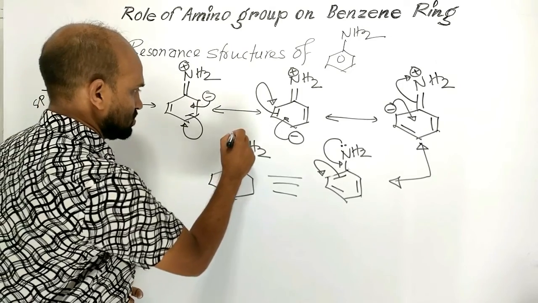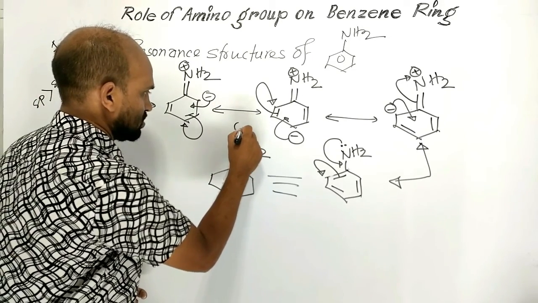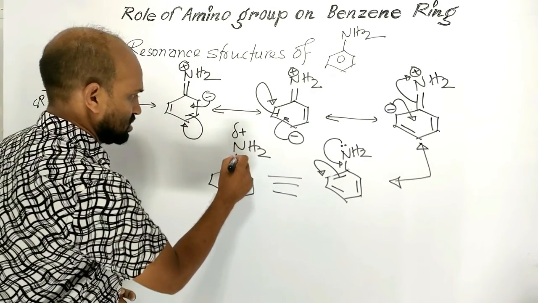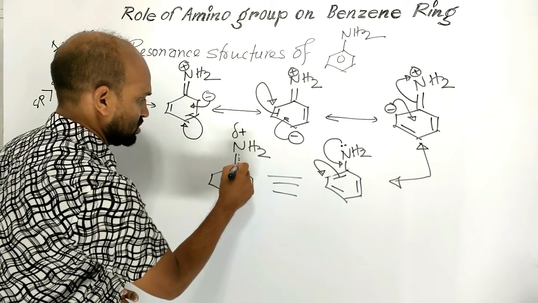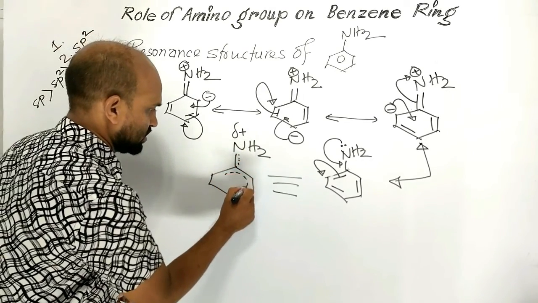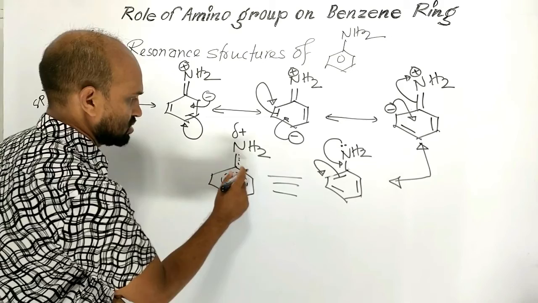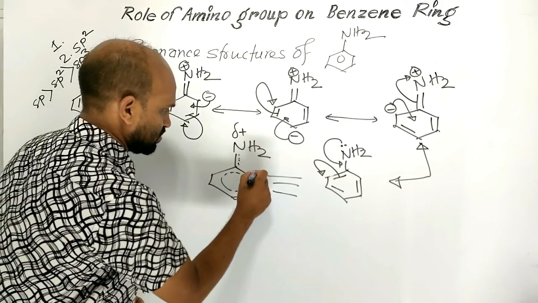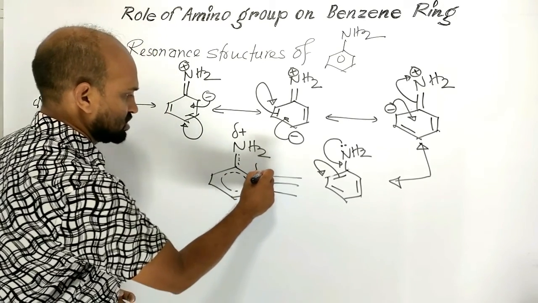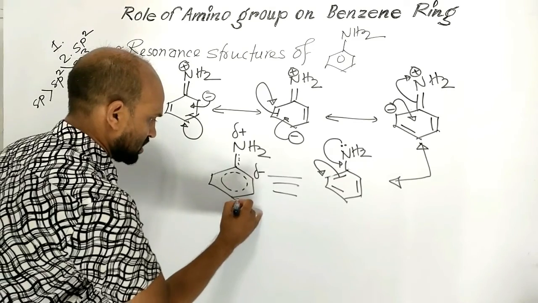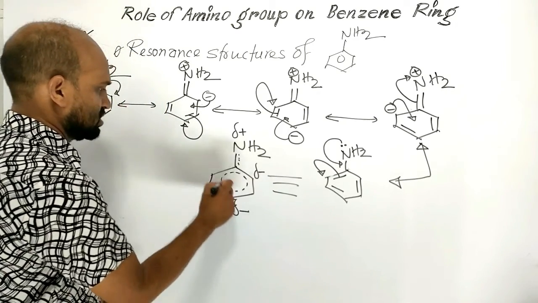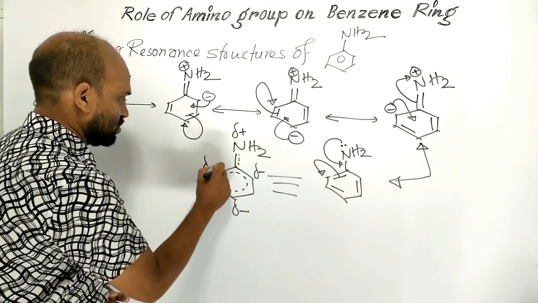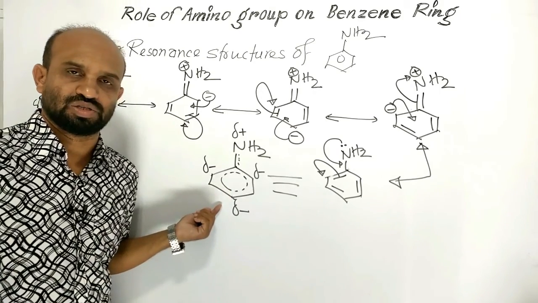Over nitrogen, partial positive charge, here partial double bond, inside the benzene ring partial double bond, ortho carbon partially negative in charge, para carbon partially negative in charge, again ortho carbon partially negative in charge.